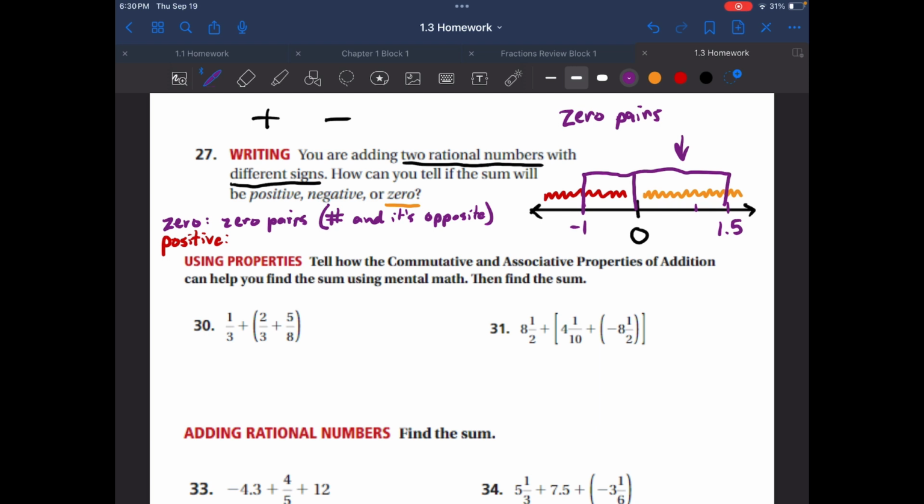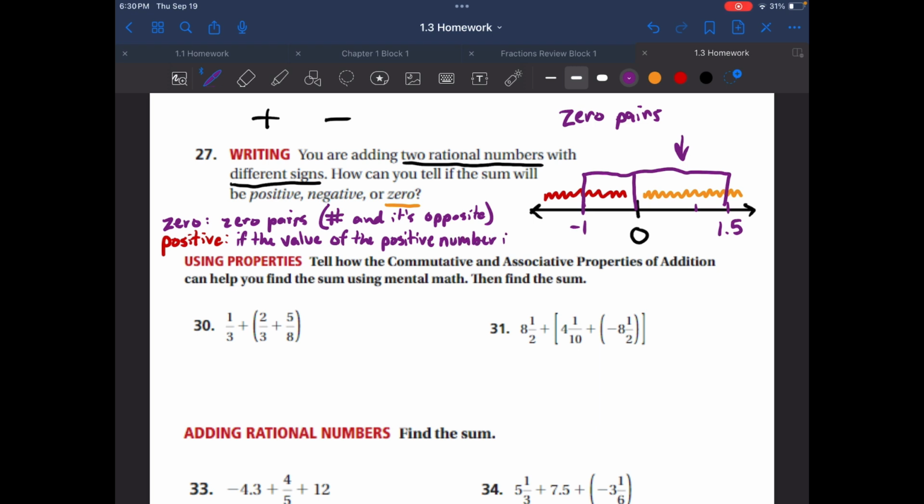I'm going to wait for myself to start writing because I know what I said, but I just want to confirm. There it is. I know it's going to be positive if the value of the positive number, right? We learned about absolute value.